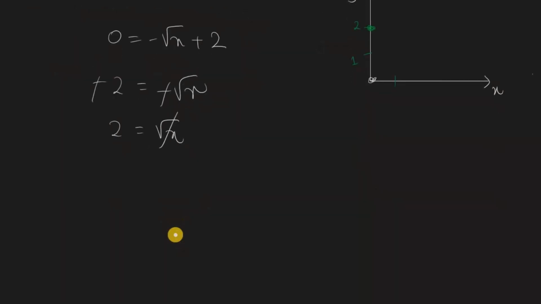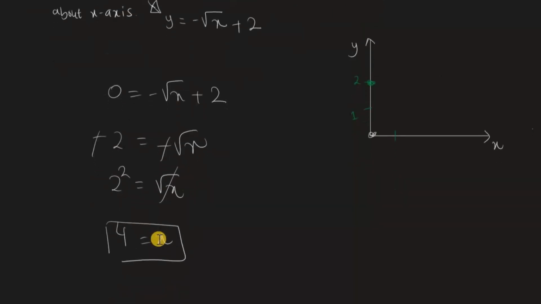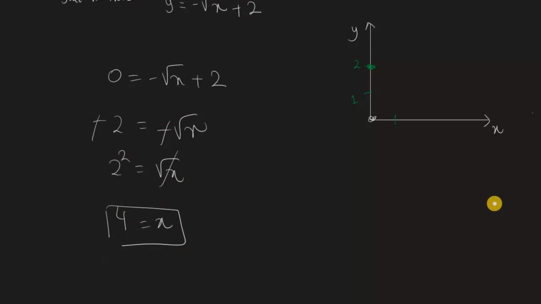Now the square root cancels out with the square, so 4 equals x. So we have just found the x-intercept, which is x equals 4. So 1, 2, 3, 4. It cuts over here. So now you know how to draw the square root function. It's gonna look something like this, right?